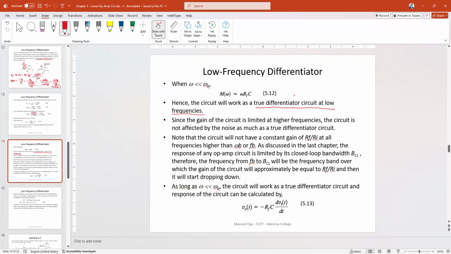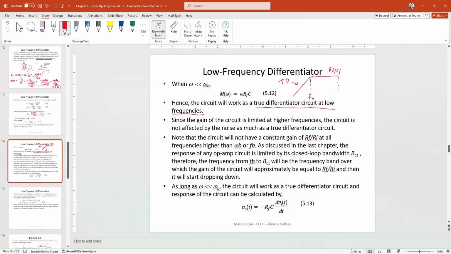Now, it is working as a differentiator, let's say, until omega b. And then after omega b or fb, it is going to start working as an inverting amplifier with a gain RF over R input, let's say. And this is, let's say, omega b or fb. And this is the true differentiator.